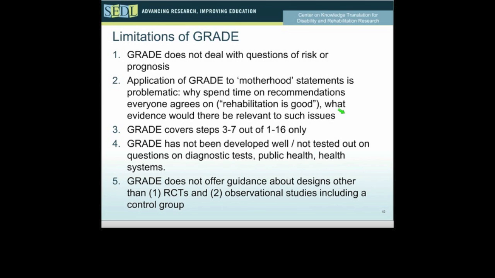But if you have a strong pre-post study, if you have a strong single subject design, as of now there is no guidance, and what you may want to do is start them off as very weak evidence and see whether there is a good basis to upgrade them to weak, which may or may not be successful.